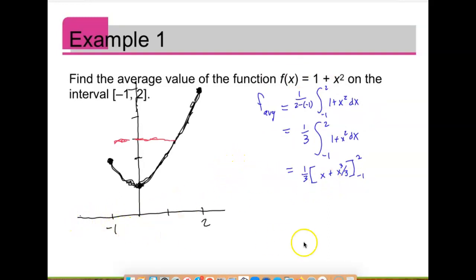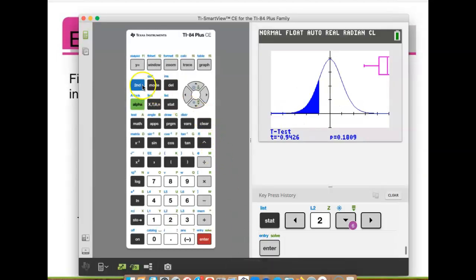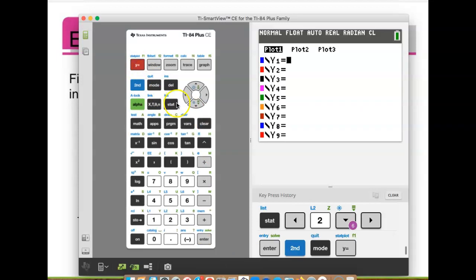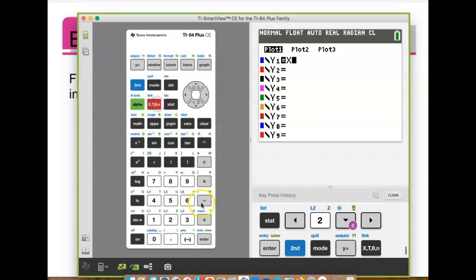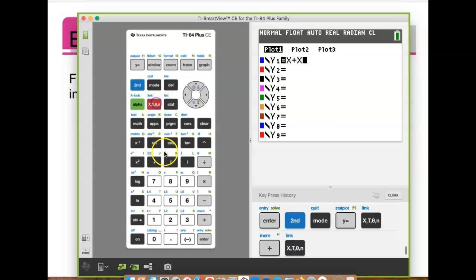This is complex enough that I think I want to use my calculator. So my antiderivative was x plus x cubed over 3.